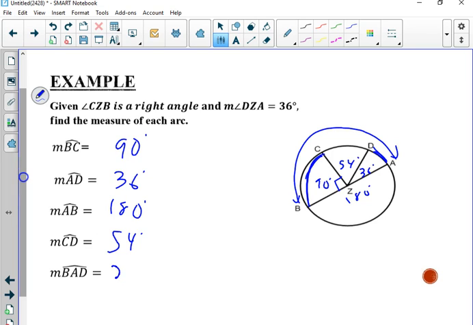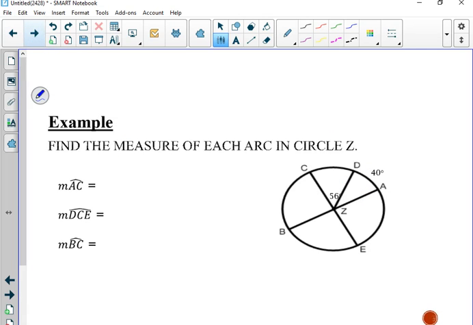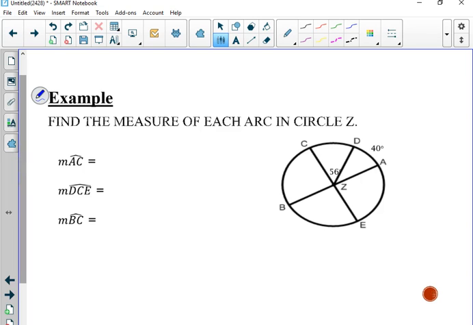BAD, 216. So BAD, remember, let's do that. Starting here, going here, 180 degrees plus 36. You get 216. And last but not least, find the measure of each arc in the circle.